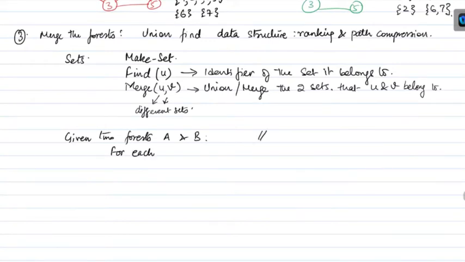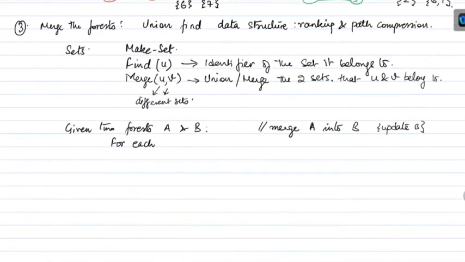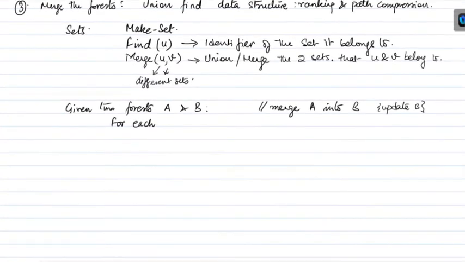I'm going to merge A into B. That means I'm going to update B. Sure, you can do it other ways also. You can create a new forest and so on, but I'm just showing you what I'm going to do in this algorithm. Now I look at each edge uv in A.